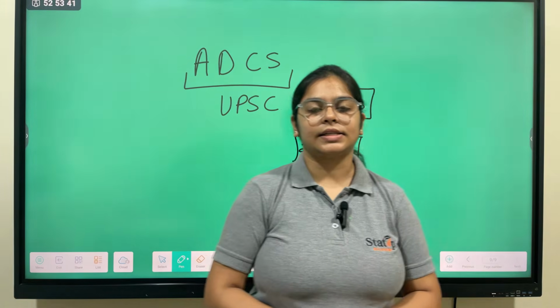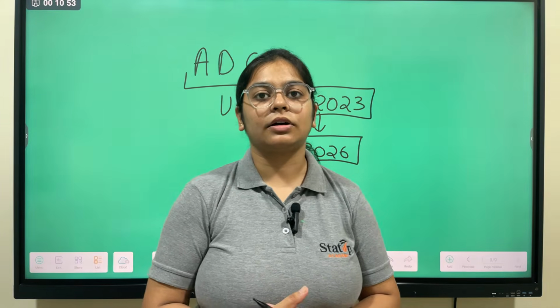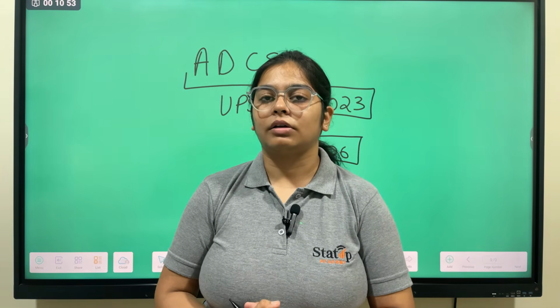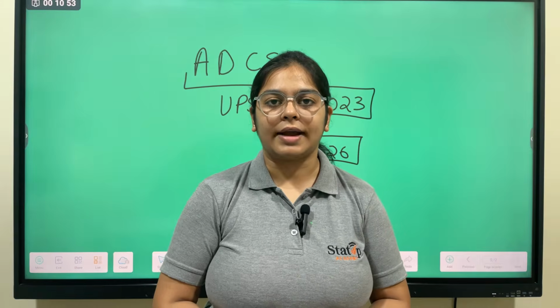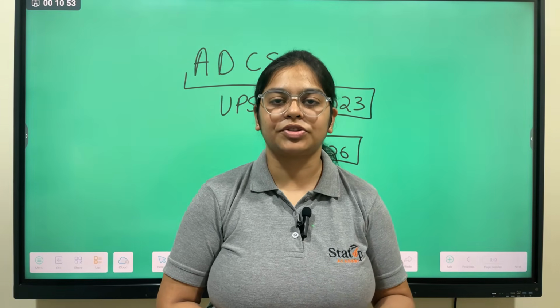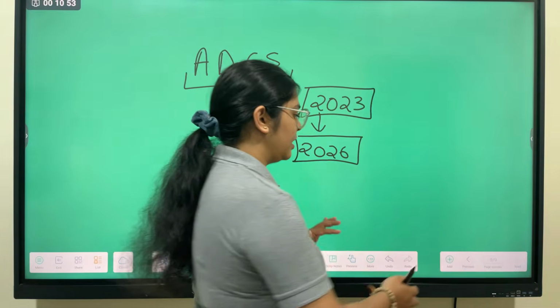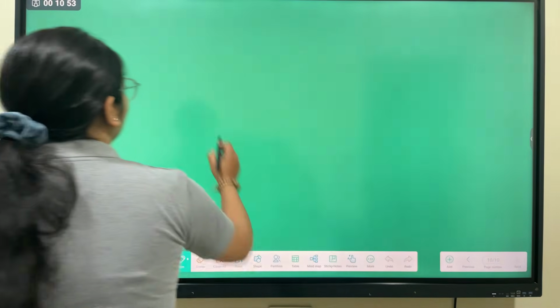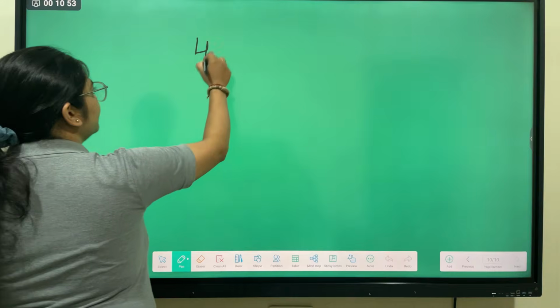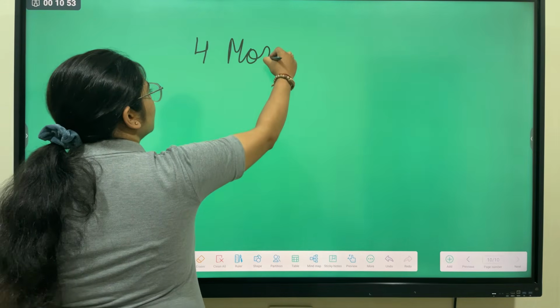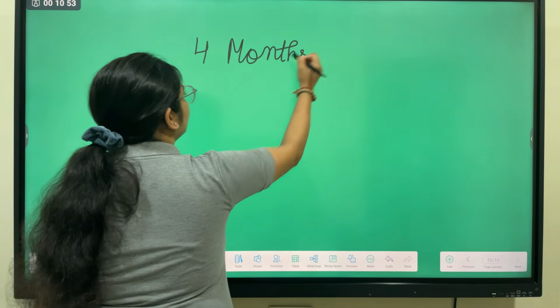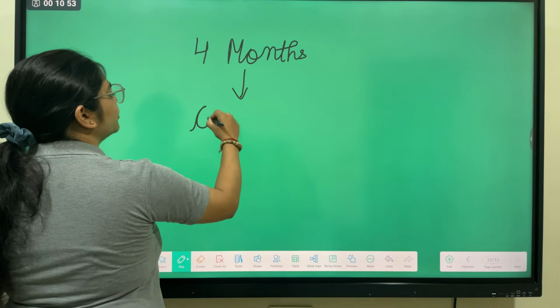Today we'll be discussing the final strategy, how we are going to do this journey in order to complete our course within time. As you already know, we have 4 months, so this is kind of a crash course for all of you.